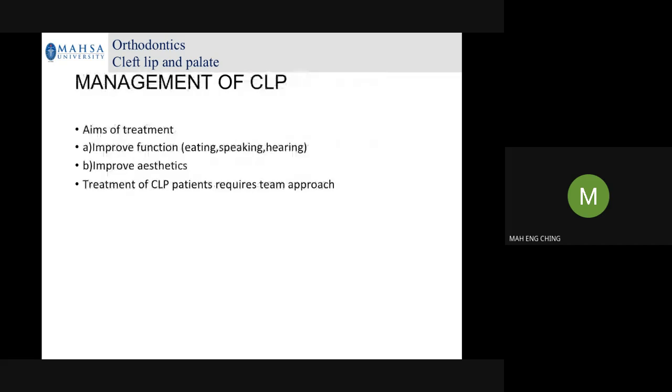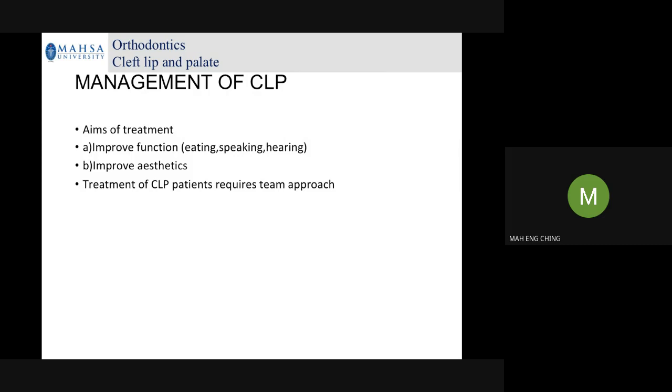So what is the management of cleft lip and palate? The aim of treatment, first of all, is function. Function is more important than aesthetics. Like I say, if you cannot survive, there's no point talking about aesthetics. So function always comes before aesthetics. A lot of the time when patients come for consultations for braces, if they have poor oral hygiene, we don't start the treatment.